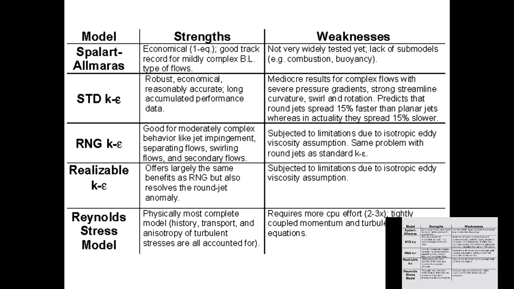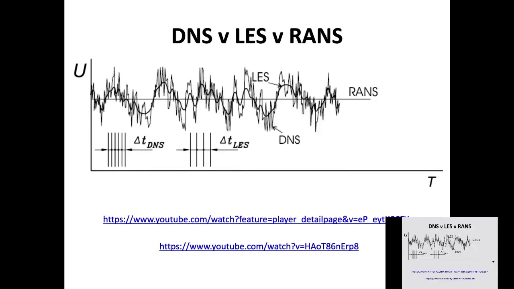The weaknesses are they are too simple, therefore their predictions are also too simple, meaning they can give you a wrong answer. Reynolds stress models are more accurate, but the drawback is more equations to solve. That means more computer time. Okay, if you have more equations to solve, you need more computer time.